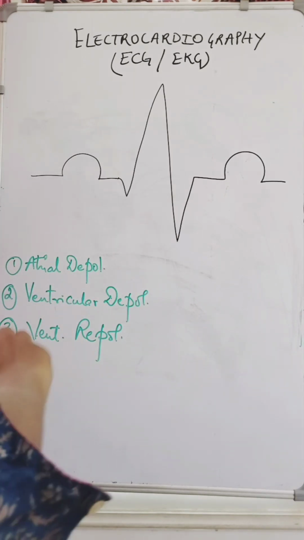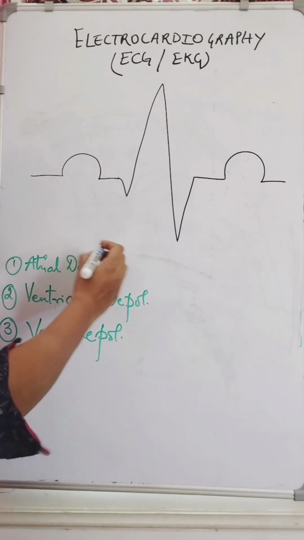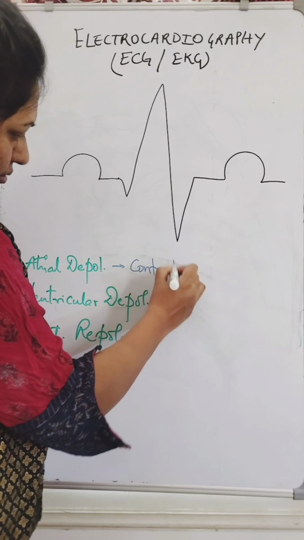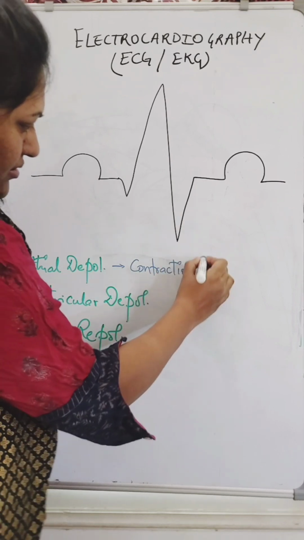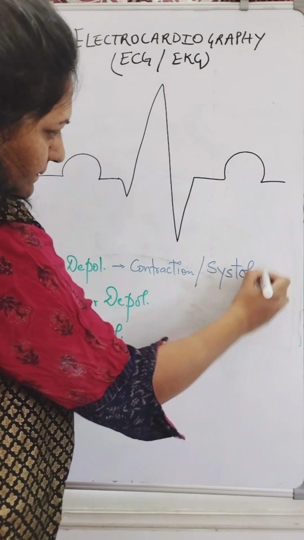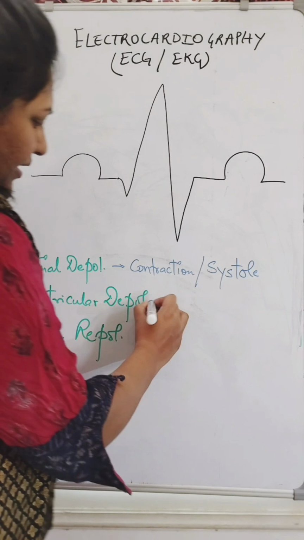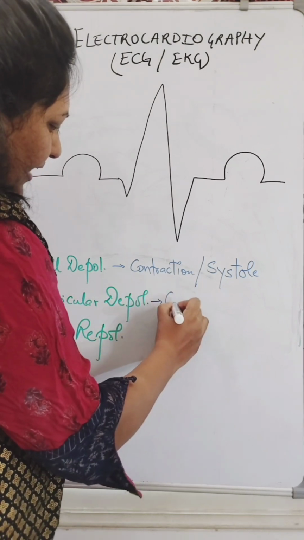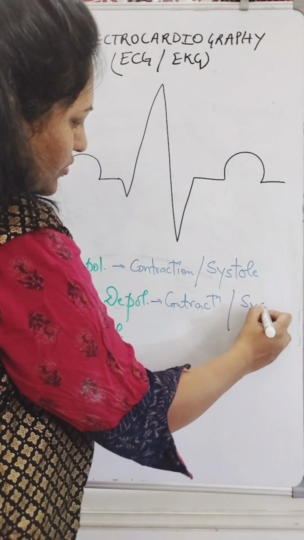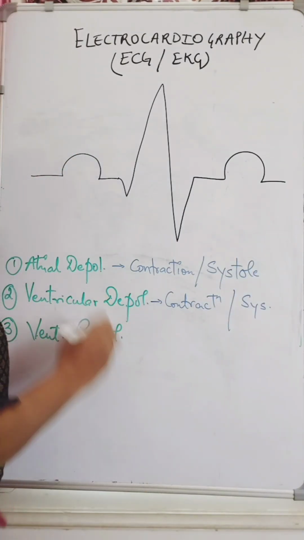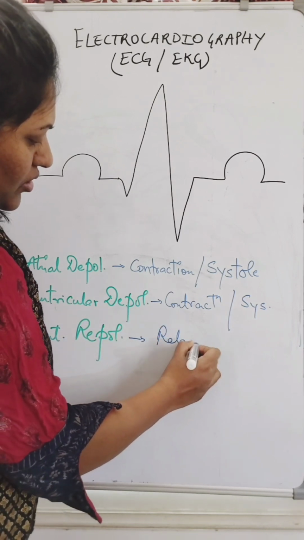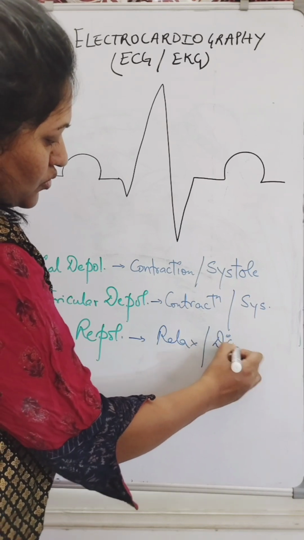Now, atrial depolarization is also called atrial contraction, or atrial systole. Ventricular depolarization is also called ventricular contraction or ventricular systole. Ventricular repolarization is also called ventricular relaxation or ventricular diastole.